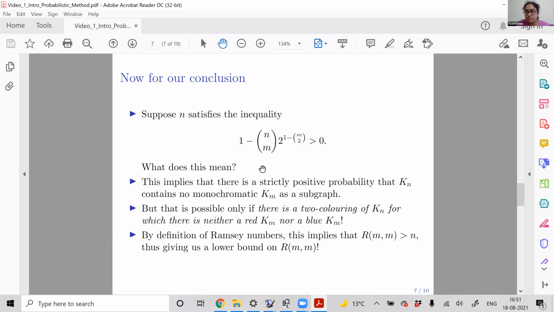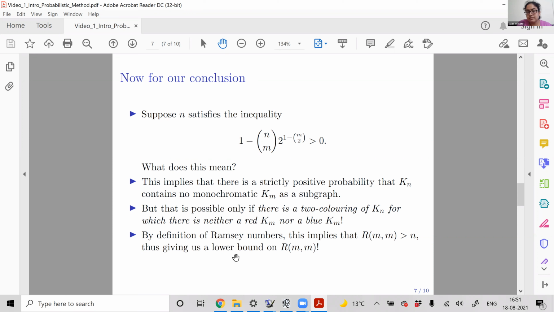And from there, we concluded the existence of a 2-coloring that gives us no monochromatic K_m. Okay, so this is how probability gets used. You're trying to conclude something about the existence or non-existence of an object, and probability comes and plays a role in showing you exactly what you desire.